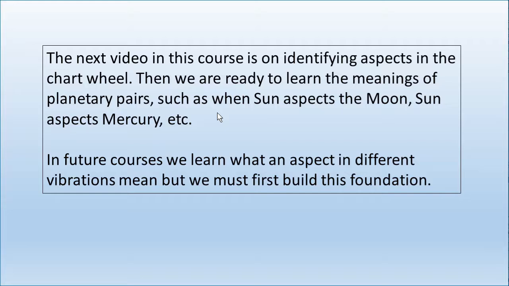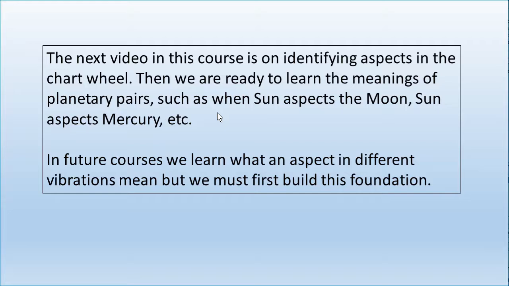When we start, there are 4 videos on planetary pairs, and I say something like, this is what Mercury in aspect to Venus means. You can look at your chart wheel and see if you have a very strong Mercury-Venus aspect. And so in the next 2 videos, I will show you how you find that.